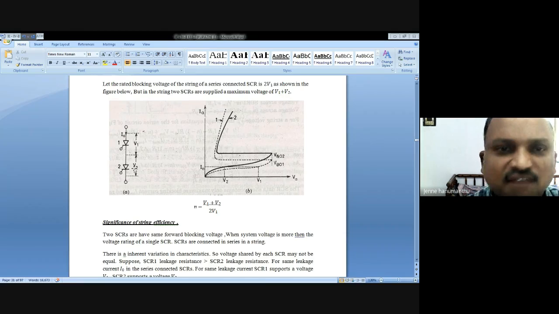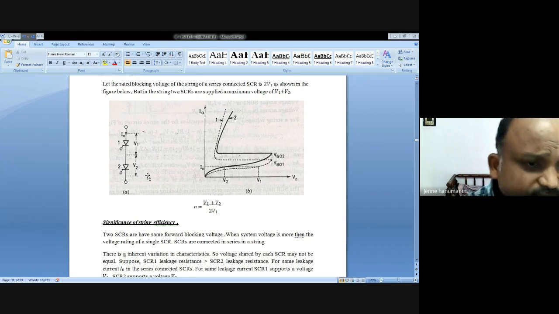Any thyristor has an anode, cathode and gate. Across thyristor 1 the drop is V1, and across thyristor 2 the drop is V2.